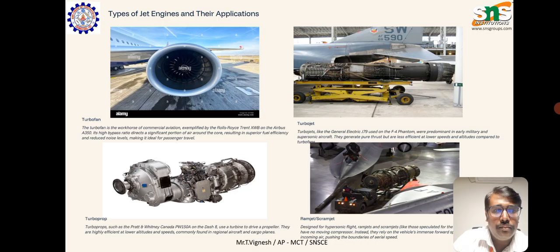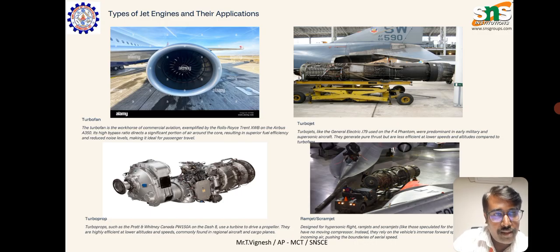There are four types of jet engines. One is the turbofan. The turbofan is the workhorse of commercial aviation, and its high bypass ratio directs a significant portion of air around the core, resulting in superior fuel efficiency and reduced noise levels.